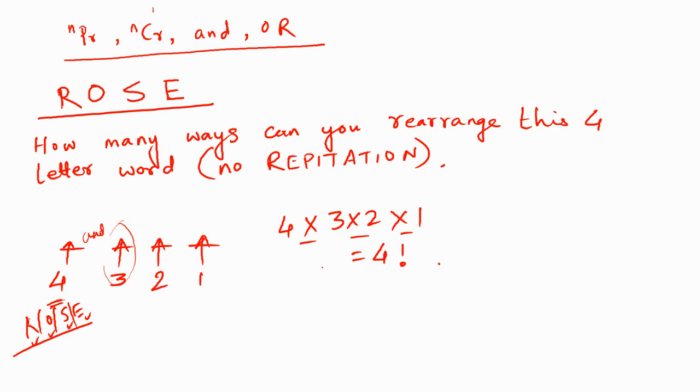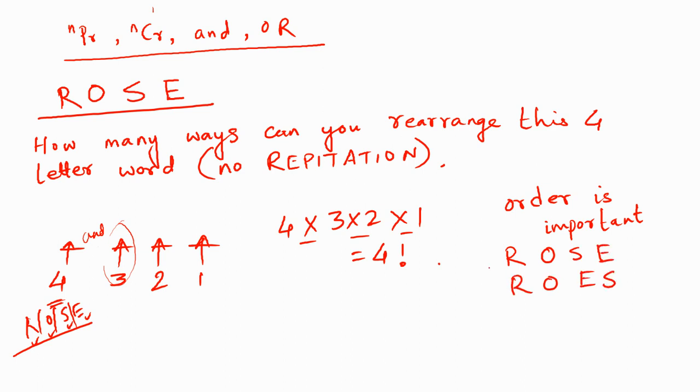One more thing we also discussed in the previous video. In this case, with ROSE, order is important, right? What do we mean by order is important? It means ROSE and ROES, we are considering both as different.